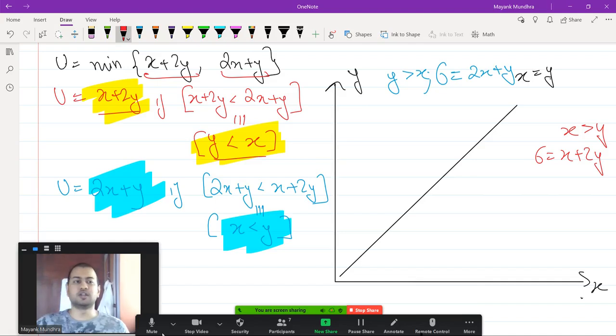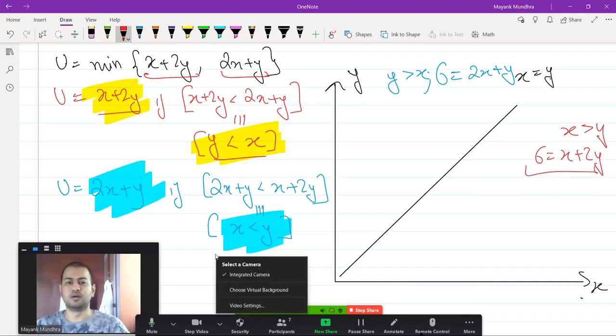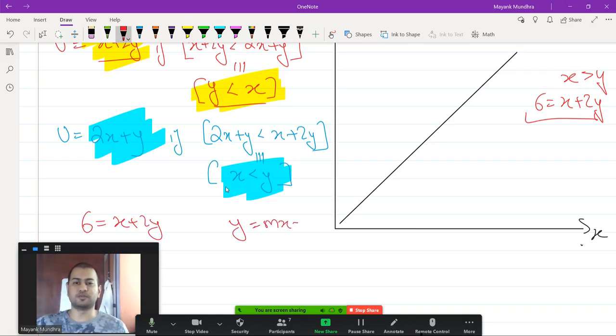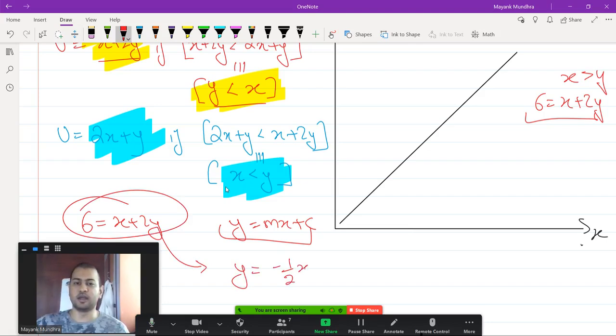Okay, now 6 equals x plus 2y. How do I plot this curve? I've already established how to plot any curve: convert it into y equals mx plus c format. So when I do that conversion, I get y equals minus 1 by 2 x plus 3.